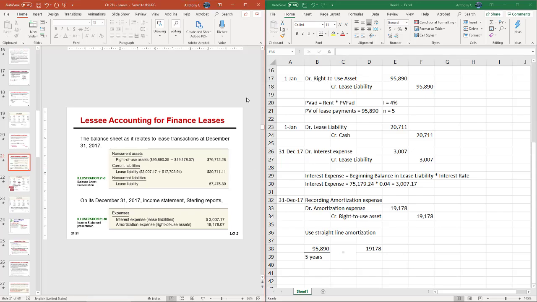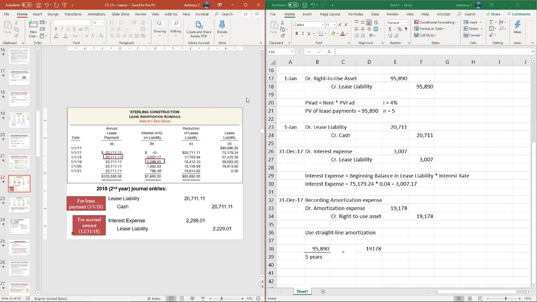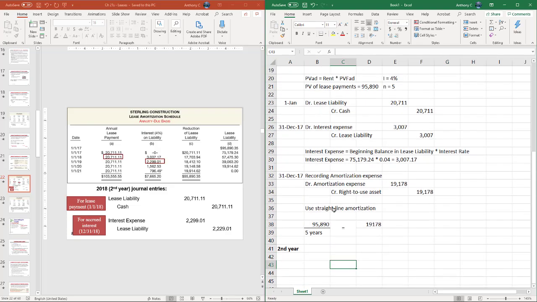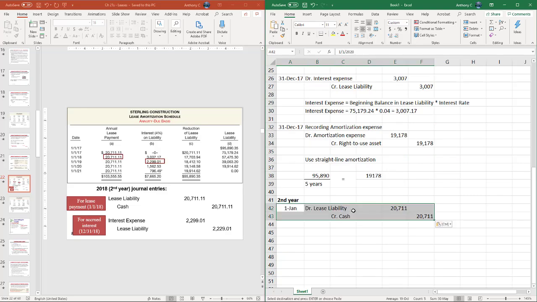So now let's go into the second year. In the second year, on January 1st, we're still going to make the lease payment. This journal entry is going to be the same as the one in the first year because in this example, we have fixed lease payment terms.